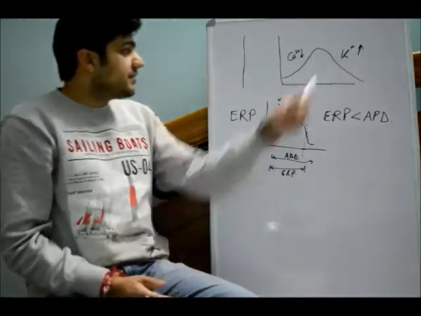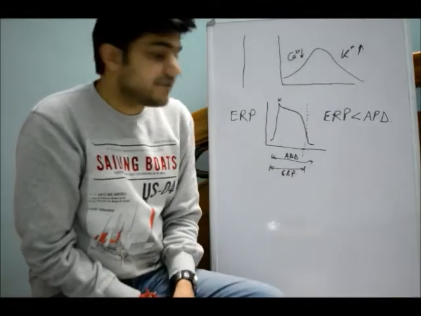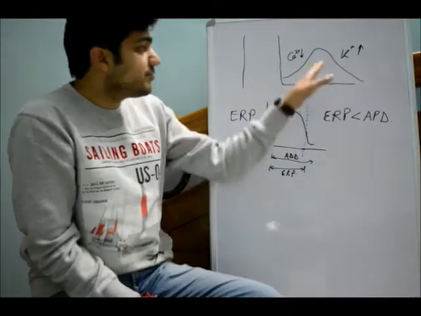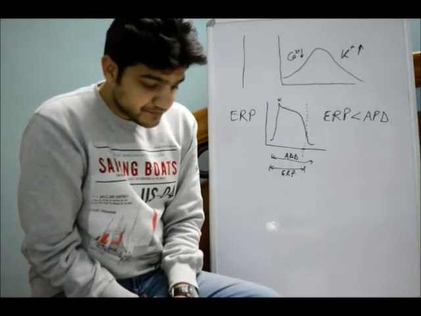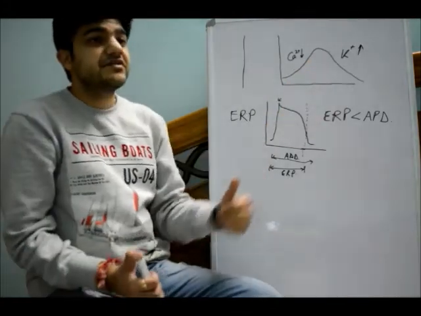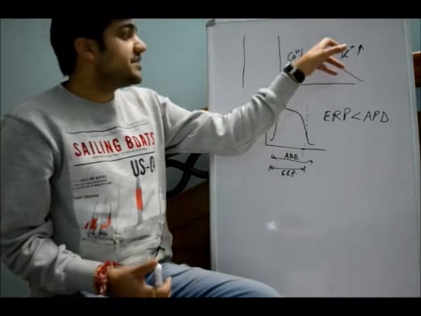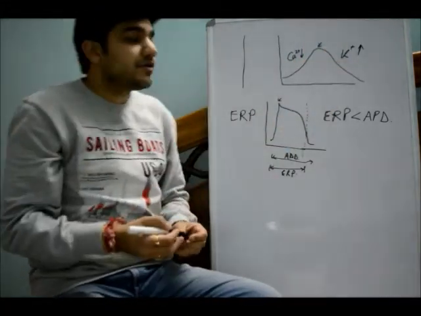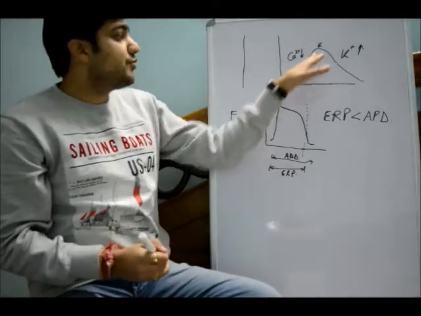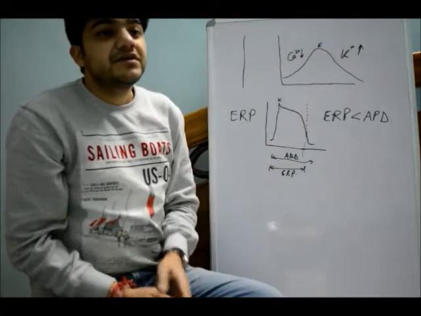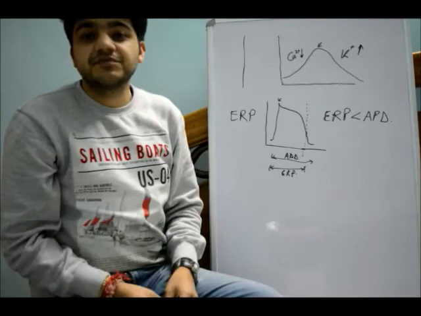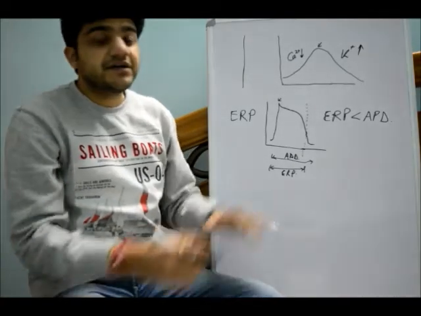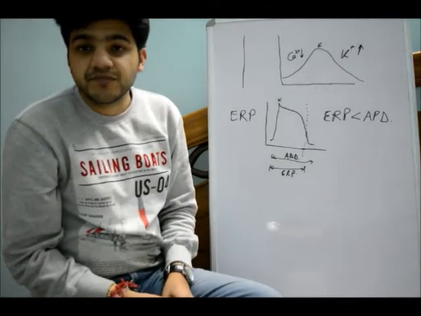But the case in a nodal tissue is different. In the nodal tissue, the calcium channels are responsible for the depolarization, and these calcium channels also go into inactivation at this point. That's why there is no more entry or no more depolarization beyond this point. But the recovery of calcium channels from inactivation takes a longer time, and it is independent of the voltage.